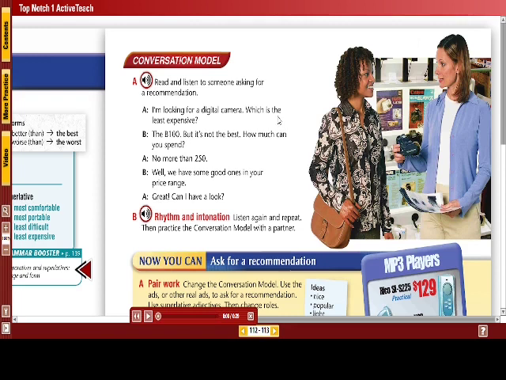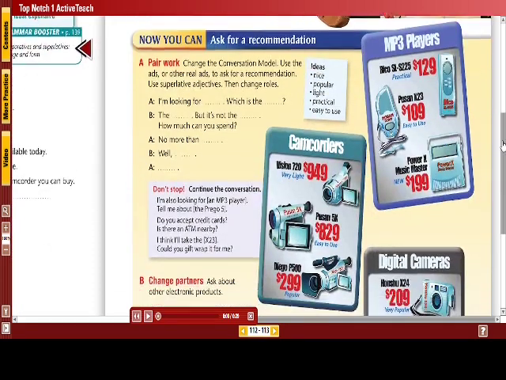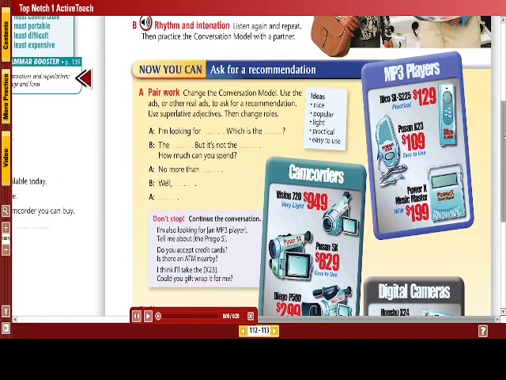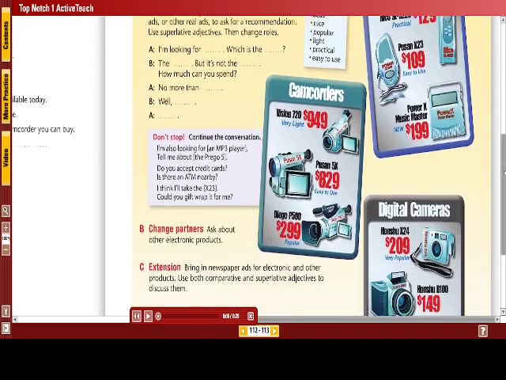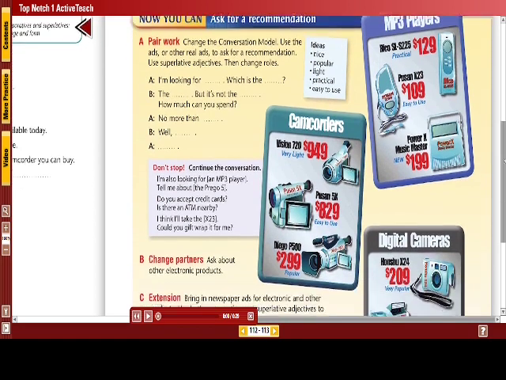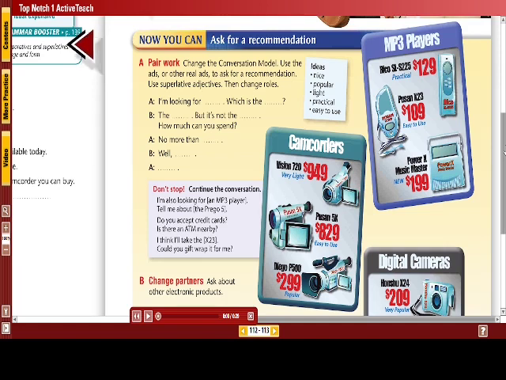So we have in here another way to say $250. We can just say 250. So, we have some brochures in here, some pictures of some products. For example, camcorders, digital cameras, or MP3 players.